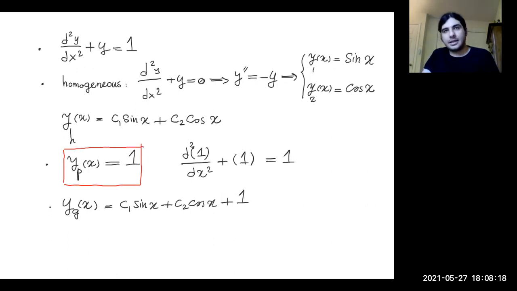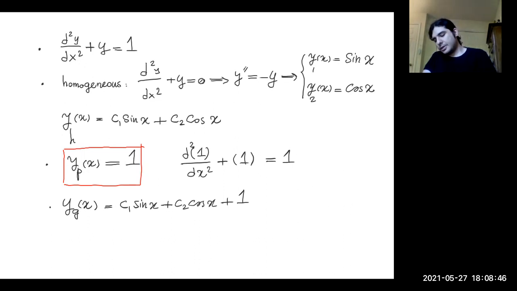It is correct that in this example it's very simple, it's easy to guess. But suppose we don't want to guess. We want to find a way which works in other cases too. So I want to tell you about a method to find a particular solution, rather than guessing that.